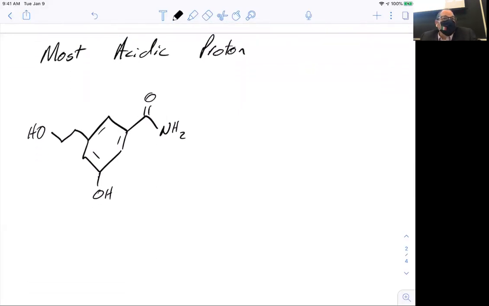If this is going to react with a base, where is it most likely going to react? So let's take 30 seconds or so, and identify where the most acidic hydrogens are. And let's go ahead and rank them.